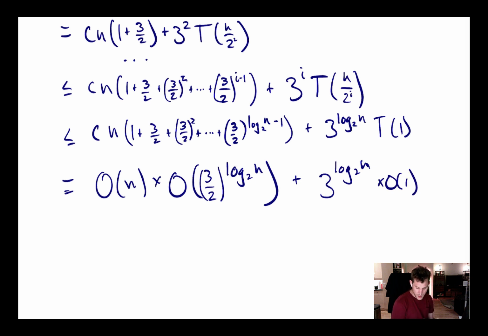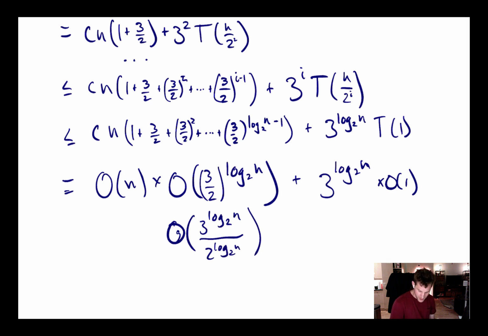Okay. Now, to finish this off, you'll notice that I can actually write this thing right here as O(3 to the log base 2 of n over 2 to the log base 2 of n), right?